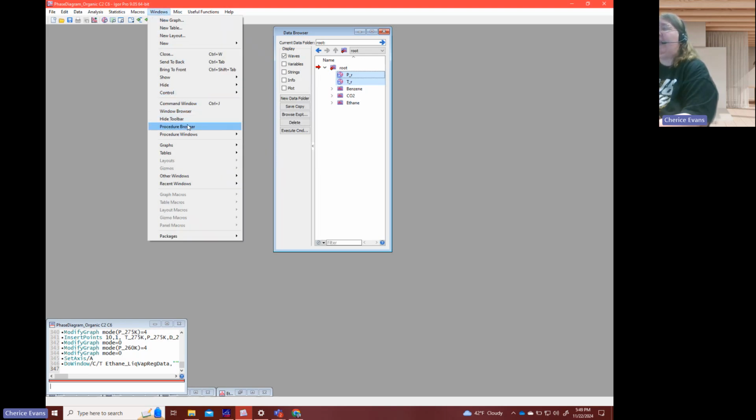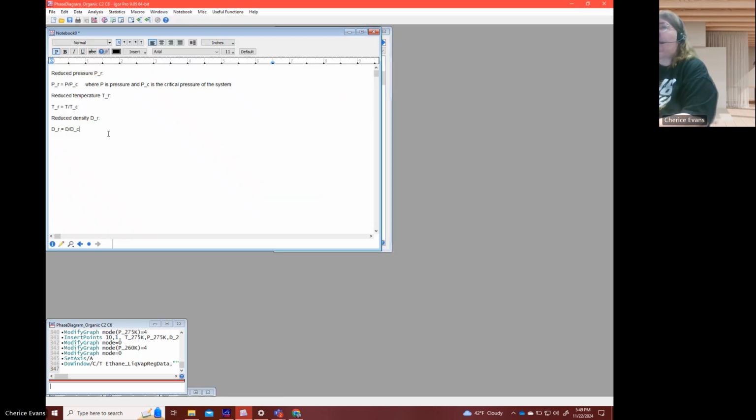I needed them to be able to smoothly handle fluids that have critical temperatures of like 40 Kelvin, but also handle fluids with critical temperatures of 400, 500 Kelvin. I needed them to be able to handle things with critical pressures of 10 bar and things with critical pressures of 80 bar with a single data set that I could allow to move and change with each fluid. And the way you do that is with reduced pressures, temperatures, and densities.